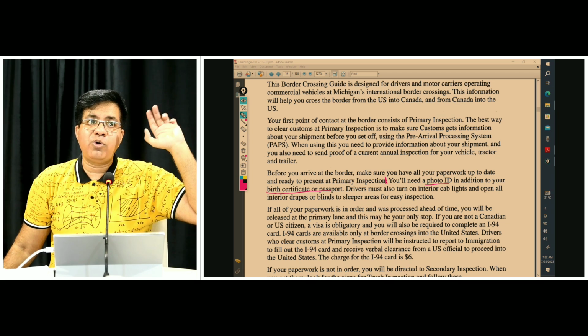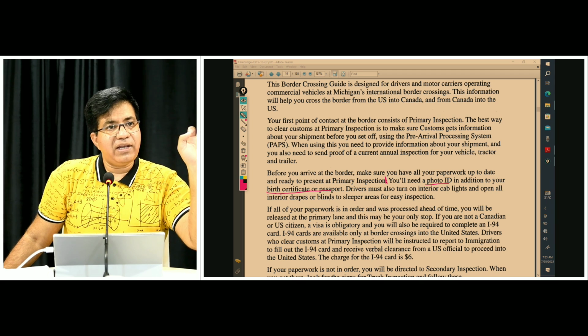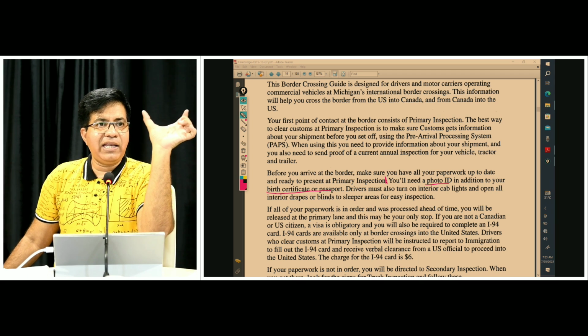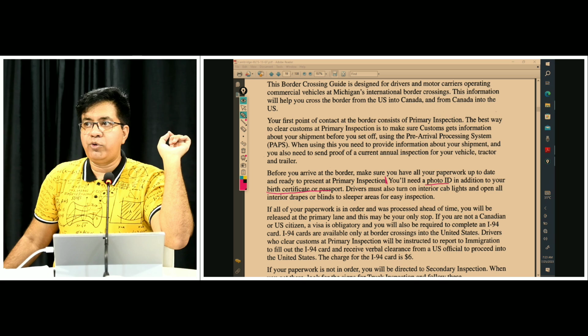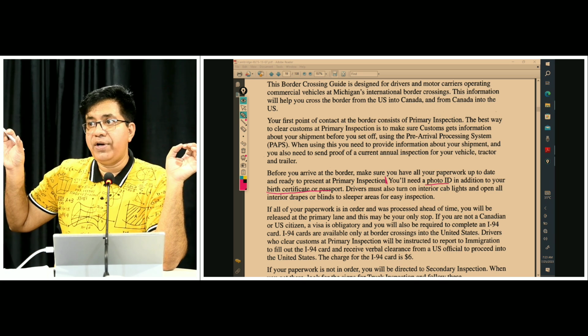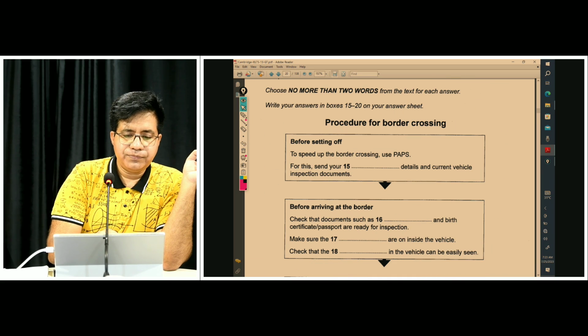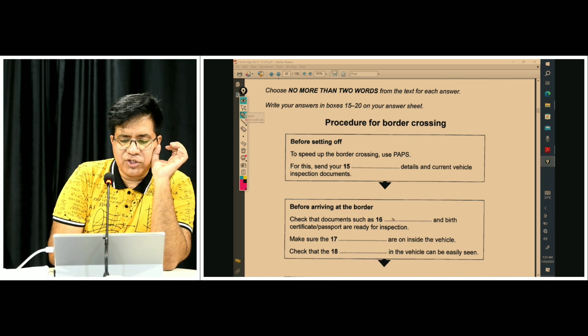Correct answer is photo ID. Photo ID can be an ID card, it can be a driving license, it can be any card that contains your photo, right? Yes, ID is 1 word, absolutely. So the correct answer is photo ID. And when you write it, just write it as it is written there.